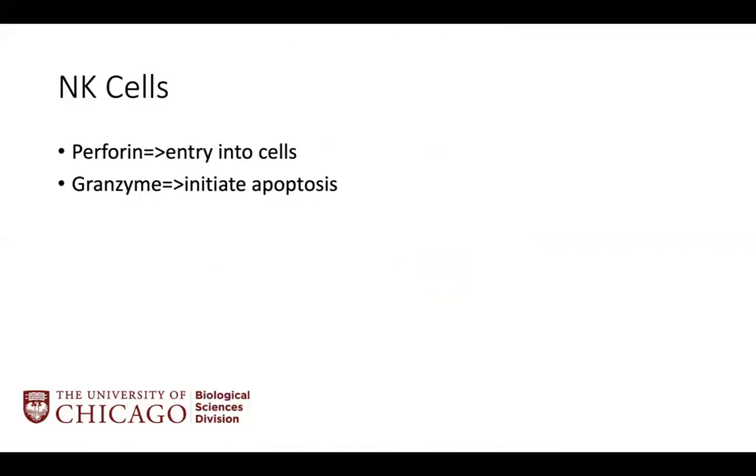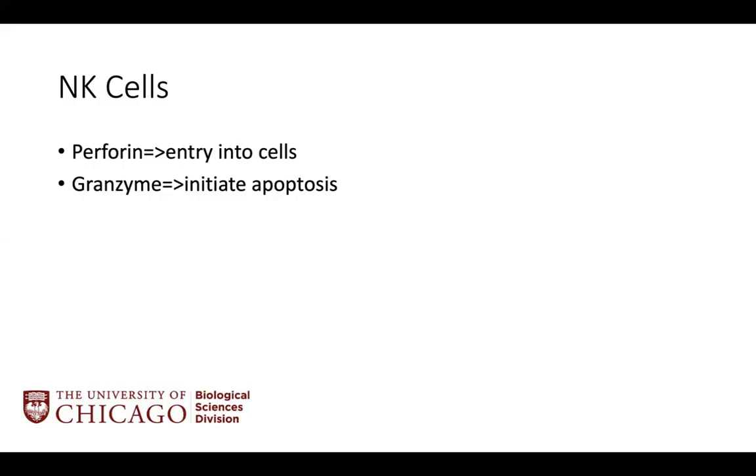Okay, so NK cells kill primarily with two enzymes called perforin and granzyme. These are very important to know. Perforin perforates the cell, it punches a hole, it allows entry into the cell, and then the granzyme is poured into the cell, and it actually is what initiates apoptosis.